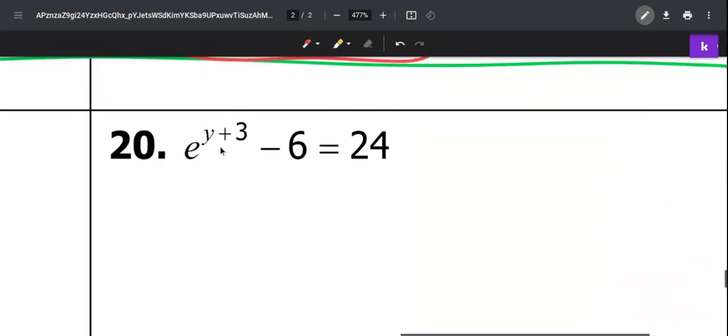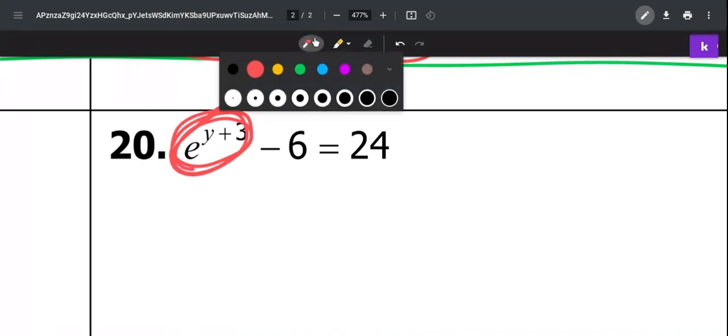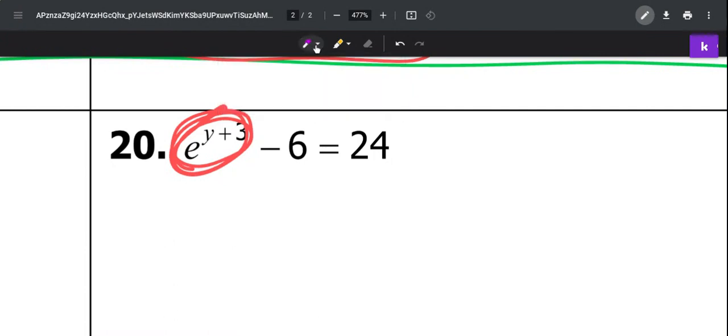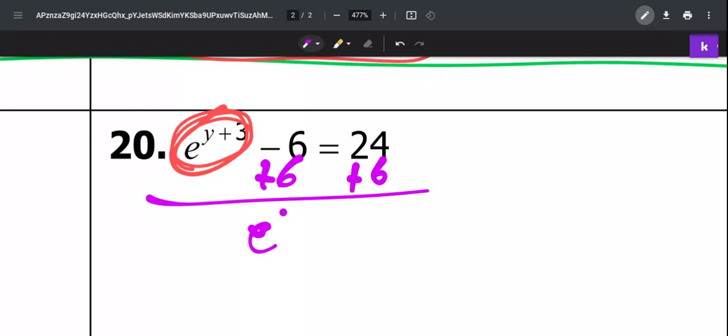So that e to the y plus 3 is going to stay the same. That's going to stay on this left side. But the -6, we can add 6 to it and move it to the right side. That's the only additional step here. So e to the y plus 3 equals, that'd be 30.